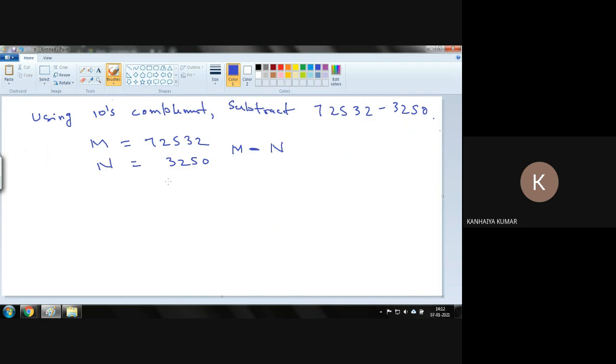So first step, if you remember, what will you do? You have to add 72532 using the r's complement of n. So we need to add the r's complement of n. The number has 4 digits, so 10⁴ minus 3250.